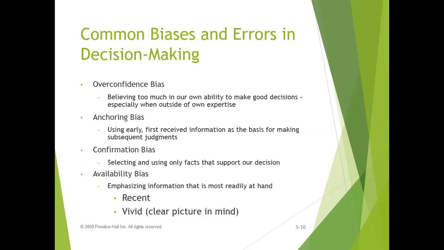Then the other thing is common biases and errors in decision making: overconfidence bias, anchoring bias, confirmation bias, availability bias. Overconfidence bias is believing too much in our own ability to make decisions, especially when outside of our own expertise.